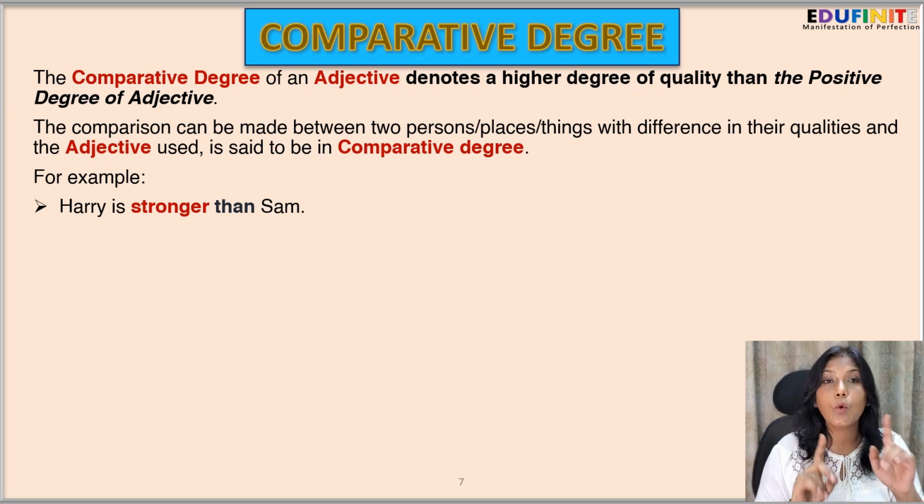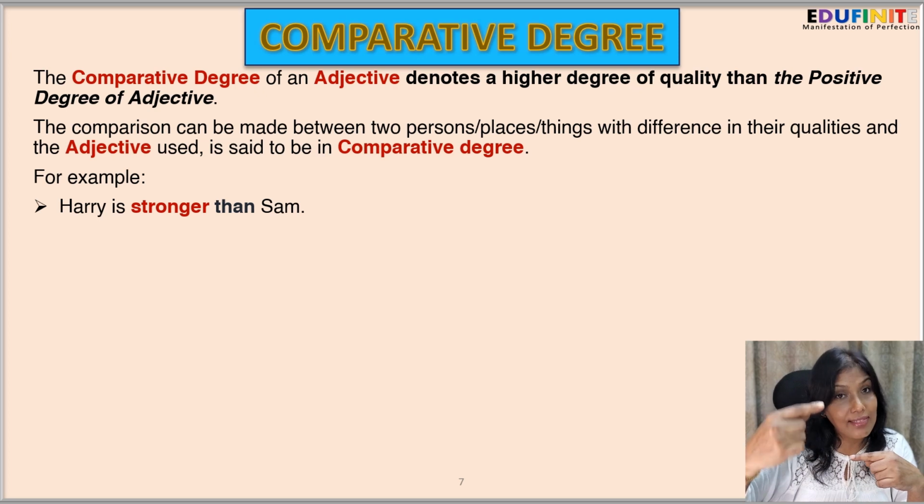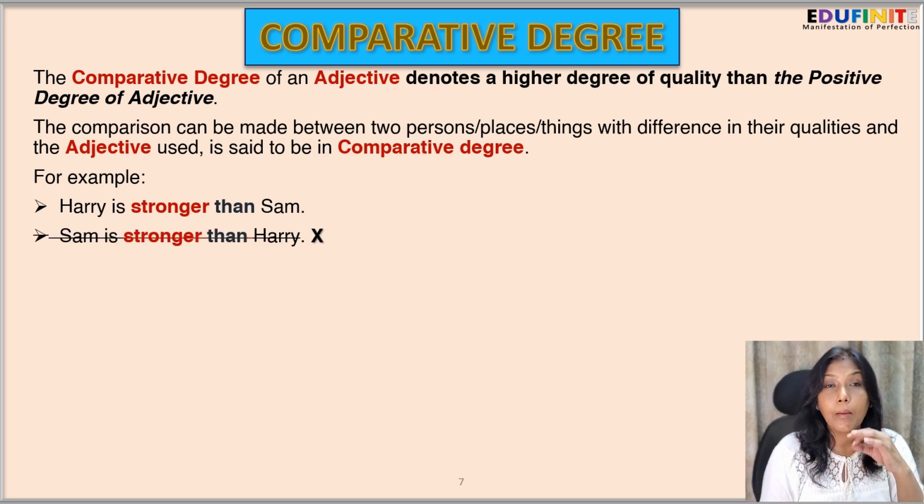So for that reason, what do we say? Harry is stronger than Sam. Next. But as we had reversed in the positive degree, because they were of equal strength or the quality was equal, so we could reverse it. But here there is a difference in quality.